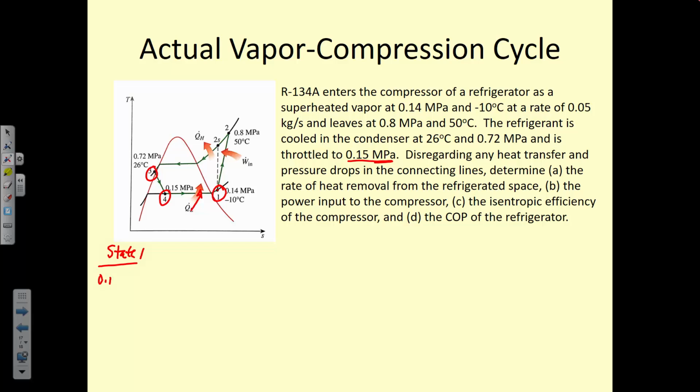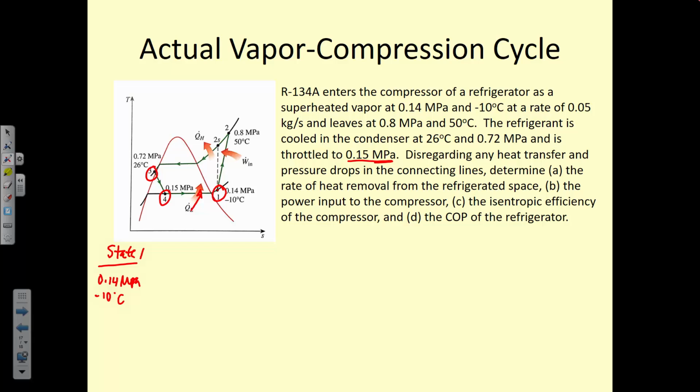State 1 is 0.14 megapascals and negative 10 degrees Celsius, so where can we go to look that up? Superheated tables for R134A, so what table is that?